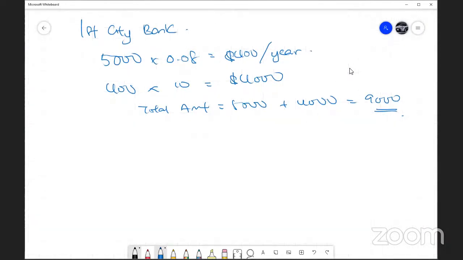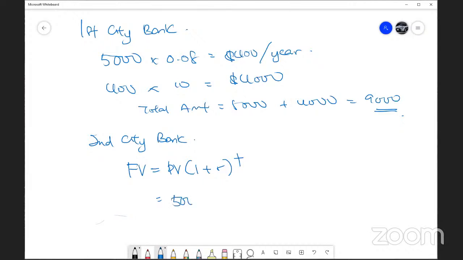Let's look at Second Citibank. They tell you it is compounded annually, so you need to use this formula: FV equals PV times (1 plus R) to the power of T. The future value you don't know, but the present value is $5,000.